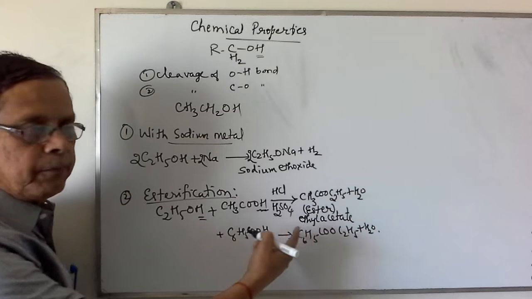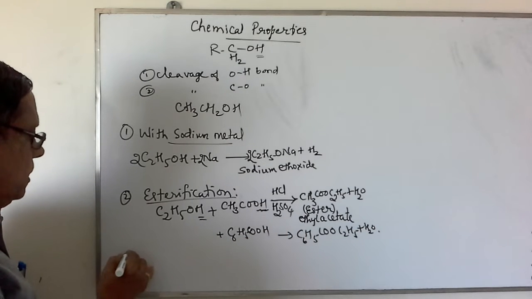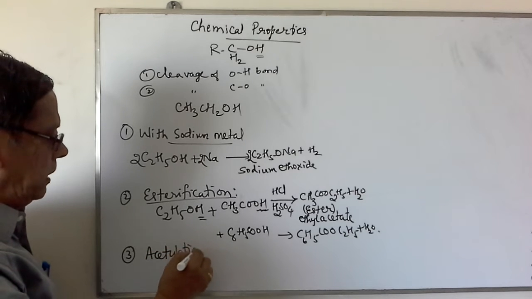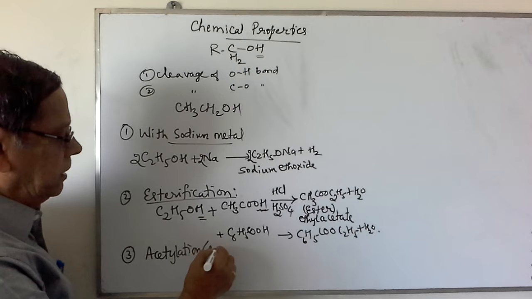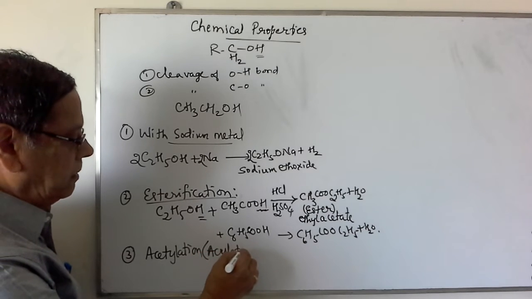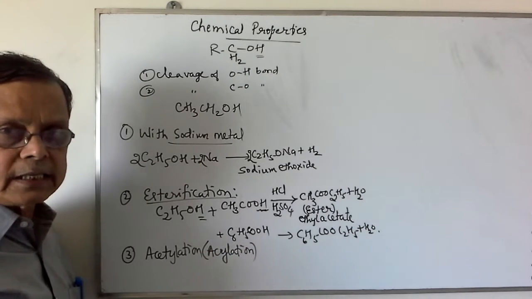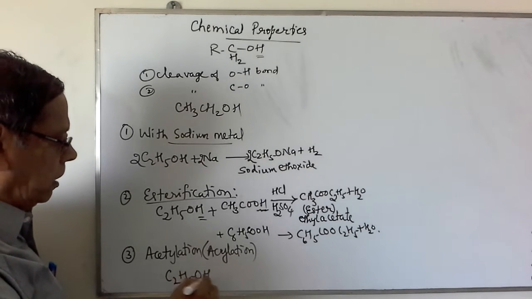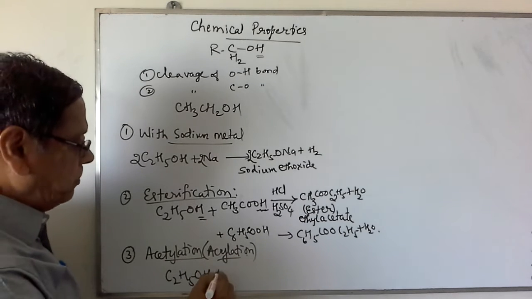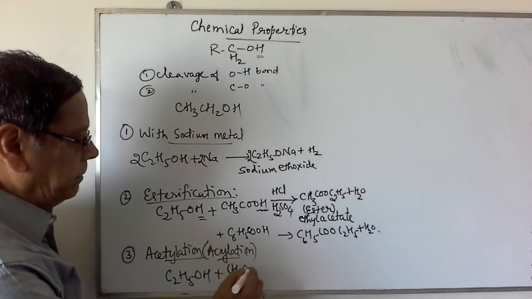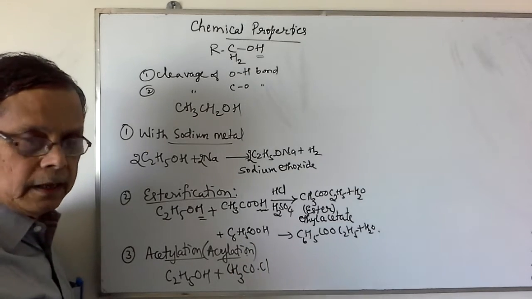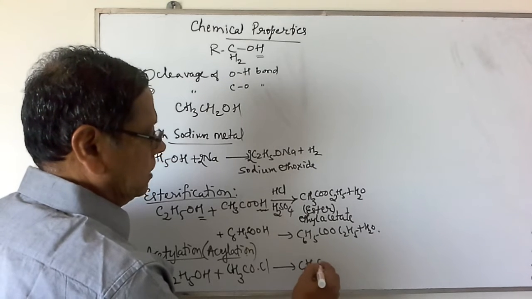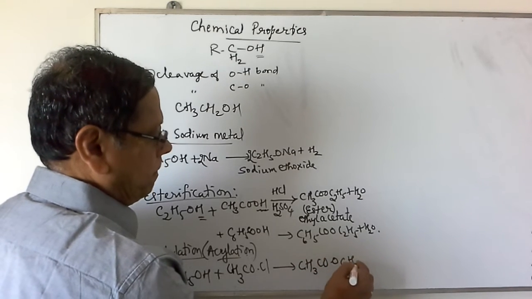The same ester can also be produced by another reaction called the acetylation reaction, or in general the acylation reaction. In this case, when ethyl alcohol reacts with an acid chloride like acetyl chloride, CH3COCl, it will give rise to CH3COOC2H5.